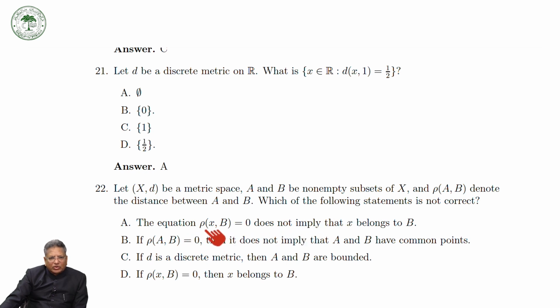Now here is rho xB equal to 0. We have seen that rho xB equal to 0 does not imply x belongs to A. This we have seen in a remark. We have also seen that rho AB equal to 0 does not imply that A and B have a common point.